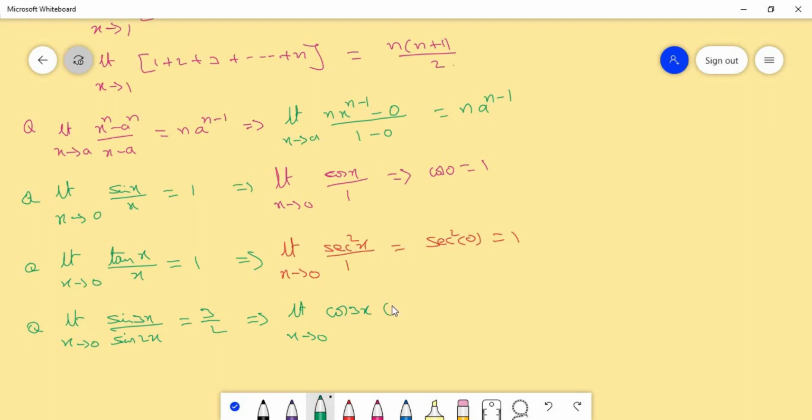Then 3x derivative is 3, by sin 2x derivative is cos 2x and 2x derivative is 2, which is equal to 3 by 2 outside. Remaining is limit x tends to 0 cos 3x by cos 2x, which is 1, so the answer is 3 by 2. Okay.